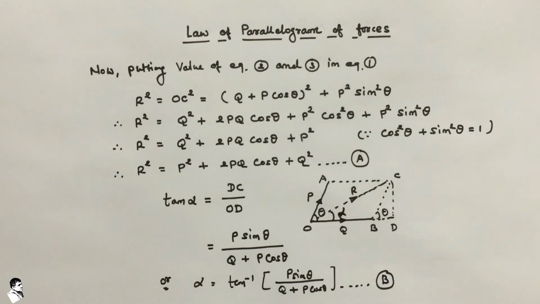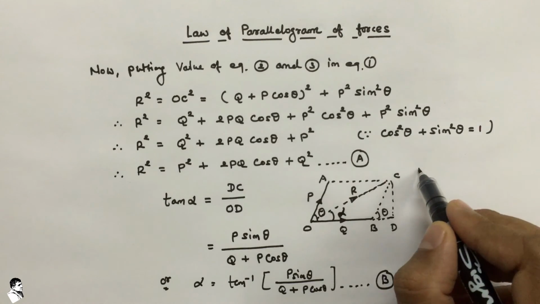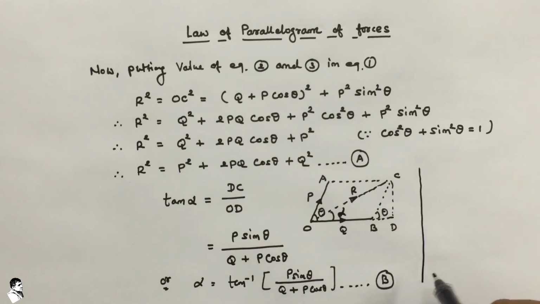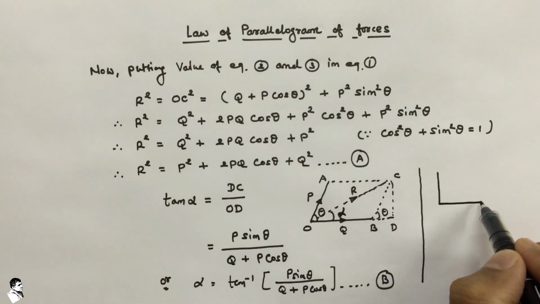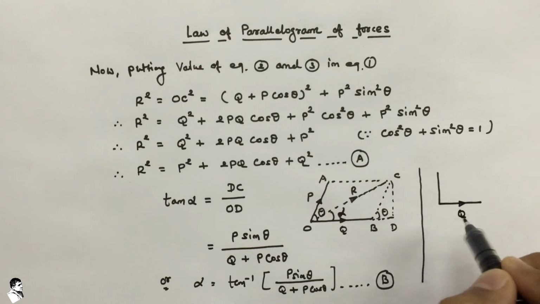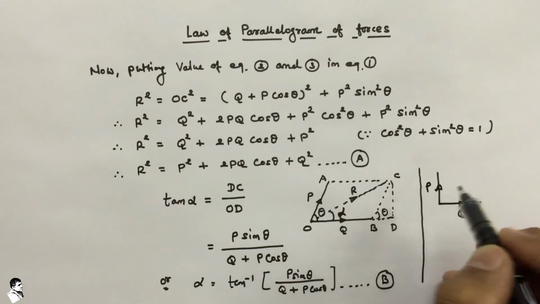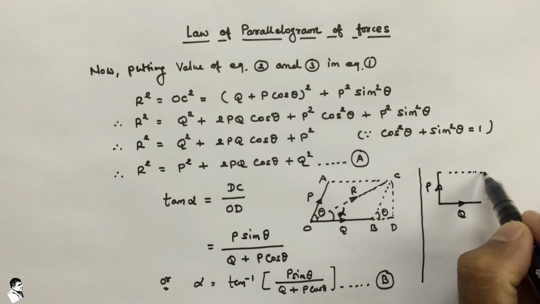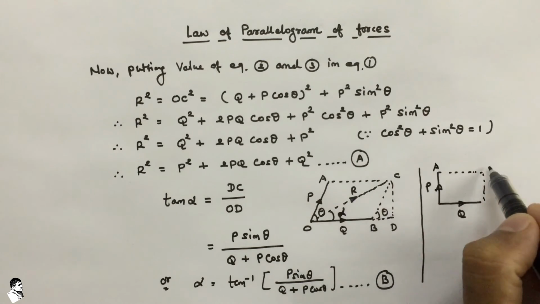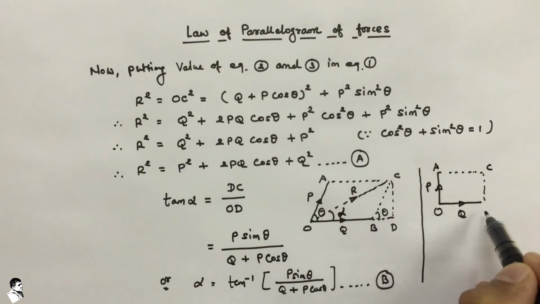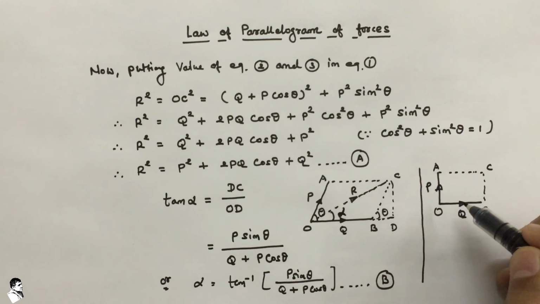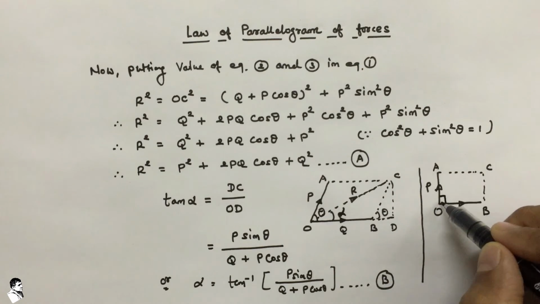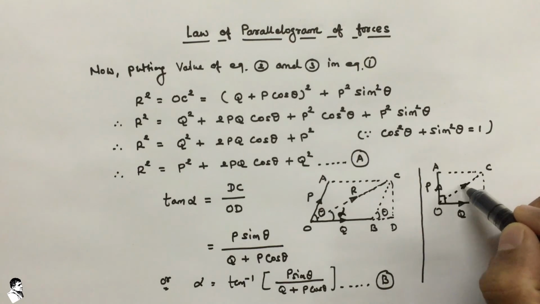Other than that, let us take a very simple case: forces acting perpendicular to each other. In this case, P and Q are forces applied at exactly 90 degrees, and we want to find the resultant.